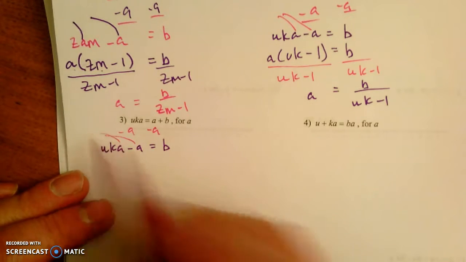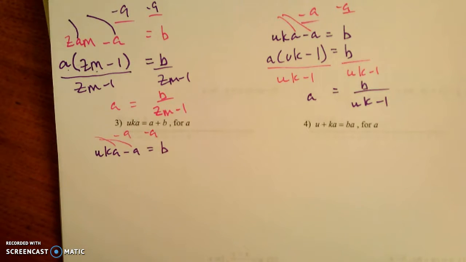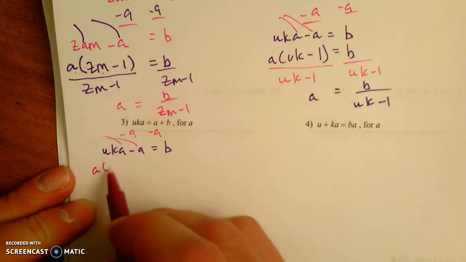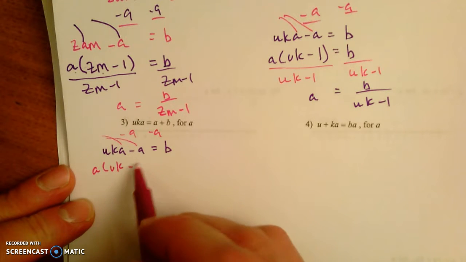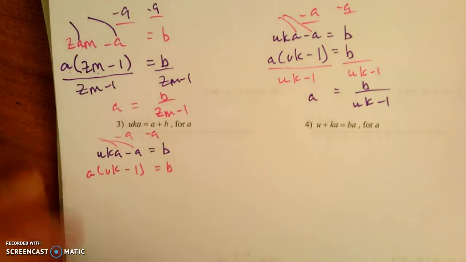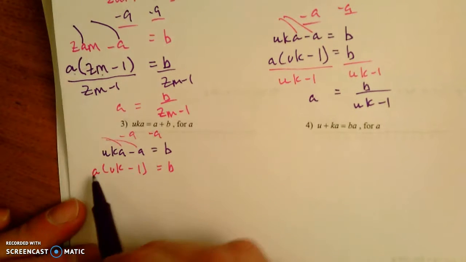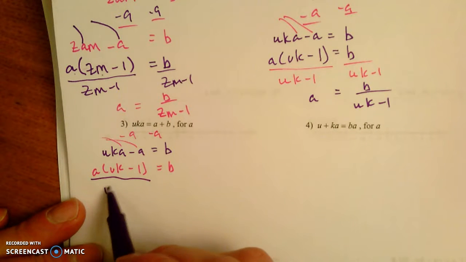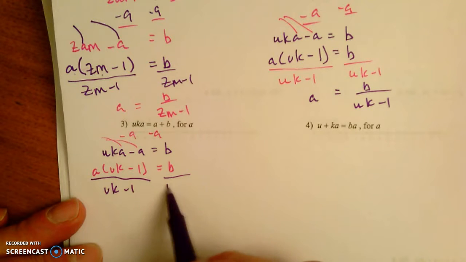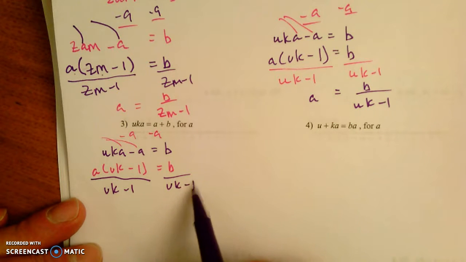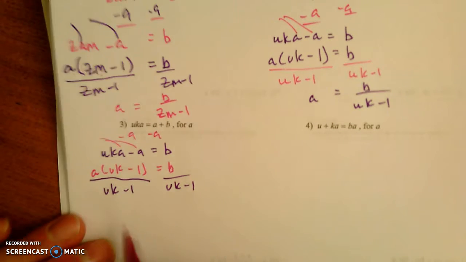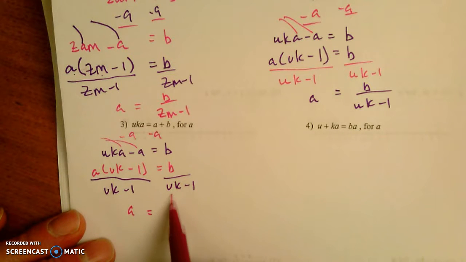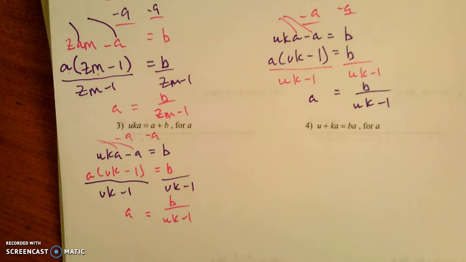Then I'm going to do that reverse distributive property thing, which is going to give us a times uk minus 1 equals b. And we're going to divide by whatever the a is multiplied by on both sides to isolate the a. And there's our answer.